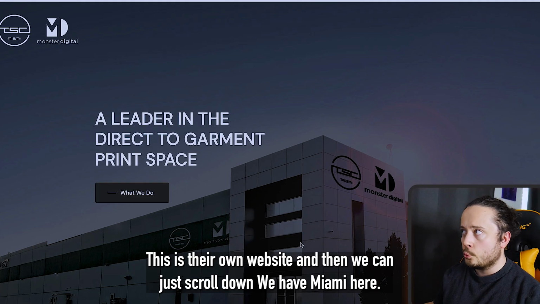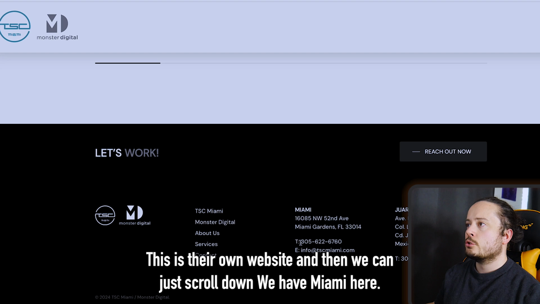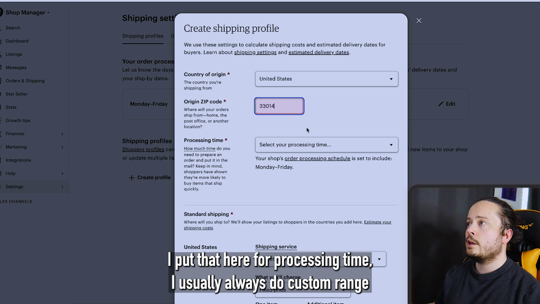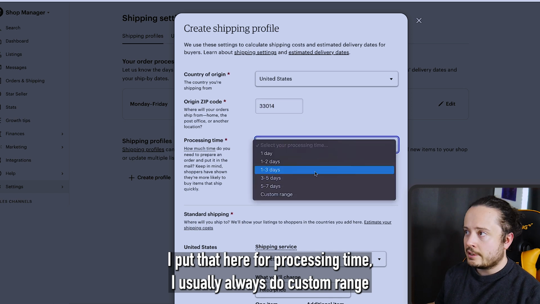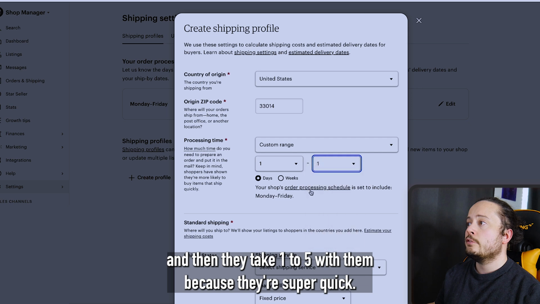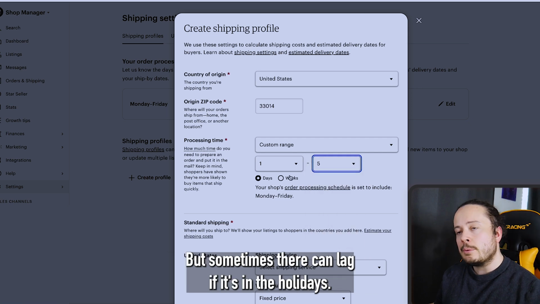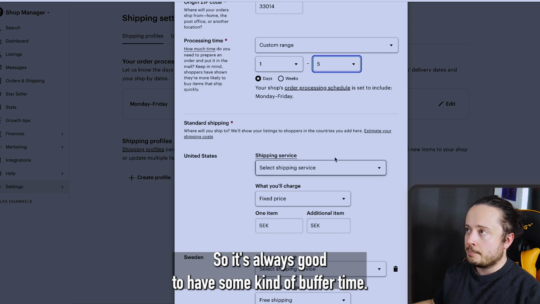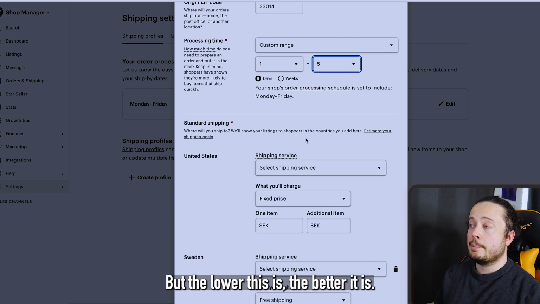This is their own website, and then we can just scroll down. We have Miami here. So Florida, I just take this, I put that here. For processing time, I usually always do a custom range, and then I take 1 to 5 with them because they are super quick, but sometimes there can be lag if it's in the holidays. So it's always good to have some kind of buffer time. But the lower this is, the better it is.